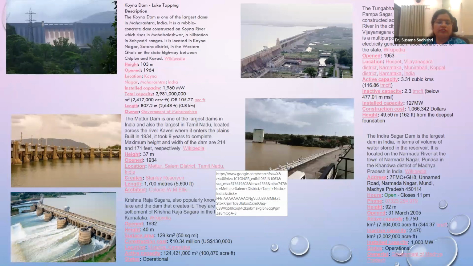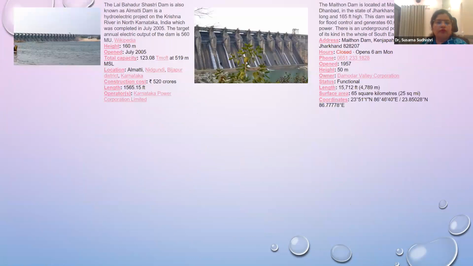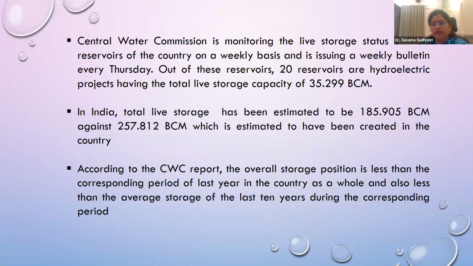So these are some of the major dams in India. Now come to what the government is doing. The Central Water Commission is now monitoring the live storage capacity of most of the dams. Out of these reservoirs, for 20 reservoirs, their projects and live storage capacity were like this.